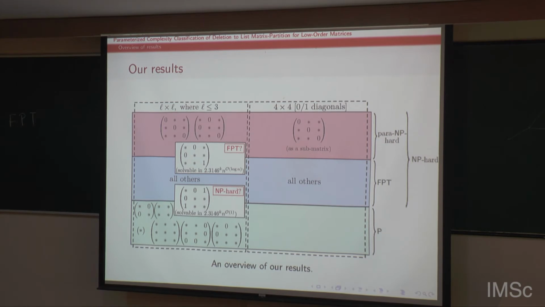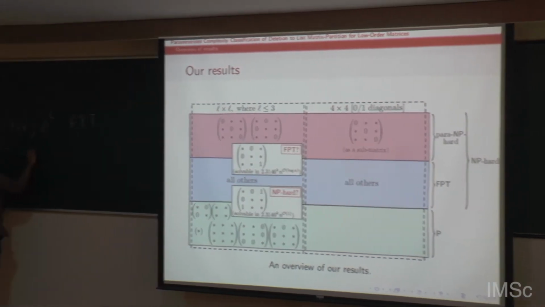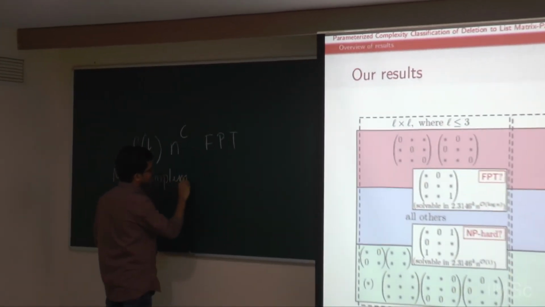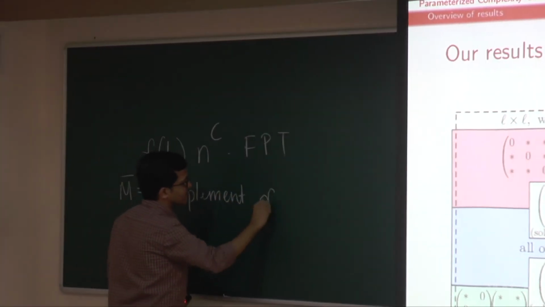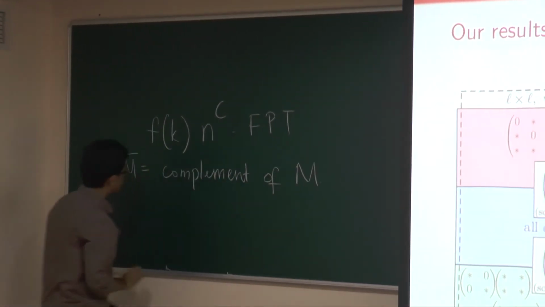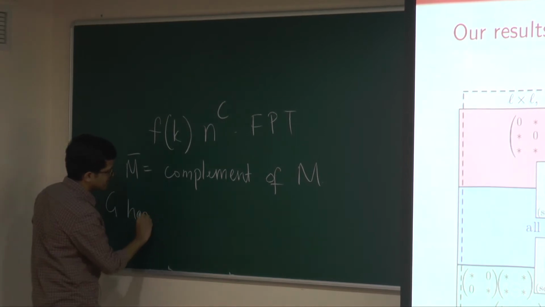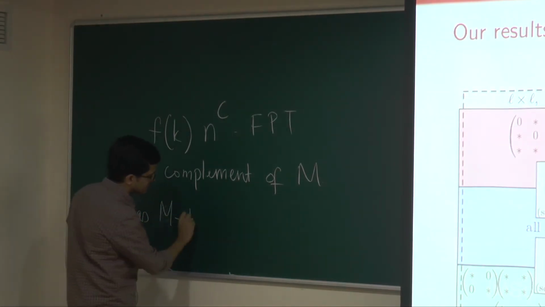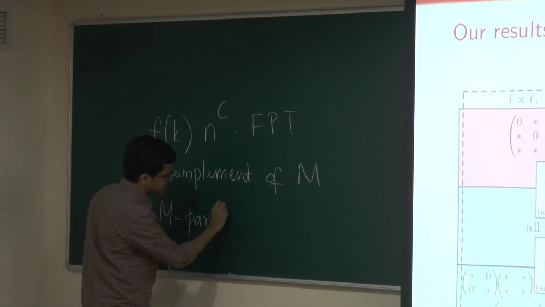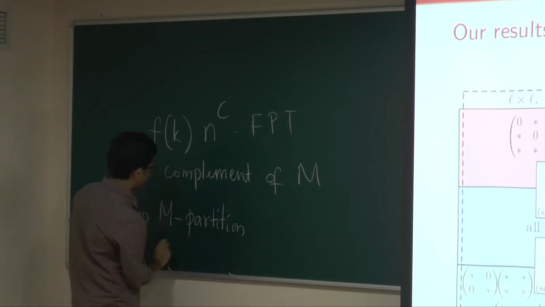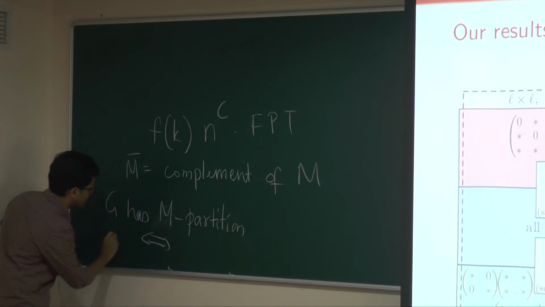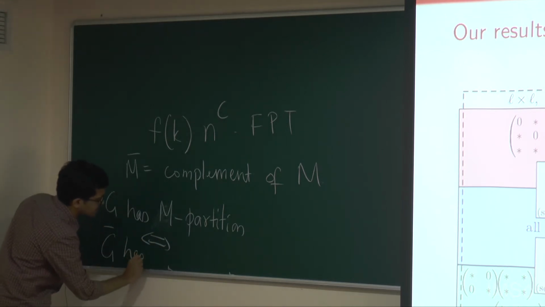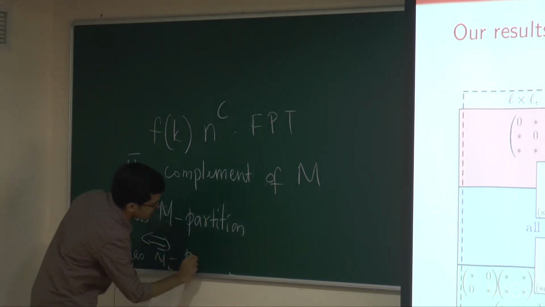So M bar is the complement of M. So G has an M partition if and only if G bar has an M bar partition.